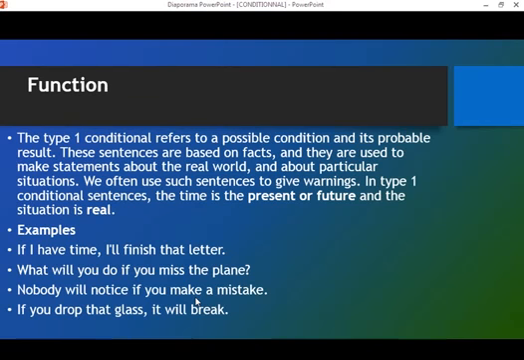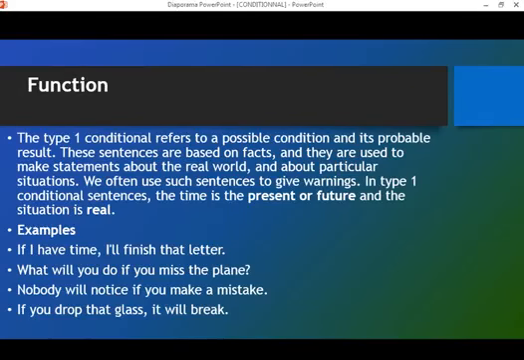Now we move to the function of the first conditional, type 1. The type 1 conditional refers to a possible condition and its probable result. These sentences are based on facts and they are used to make statements about the real world and about particular situations. We often use such sentences to give warning.